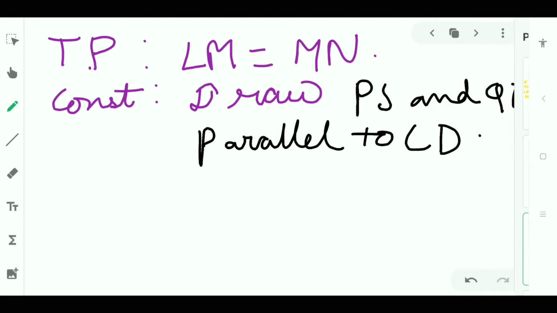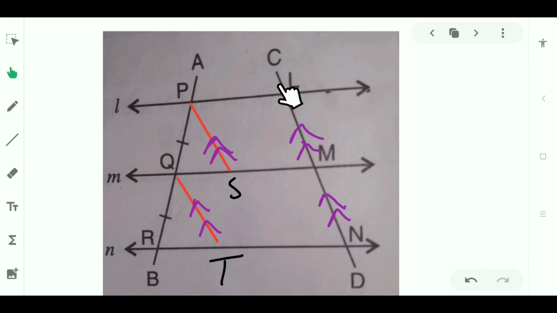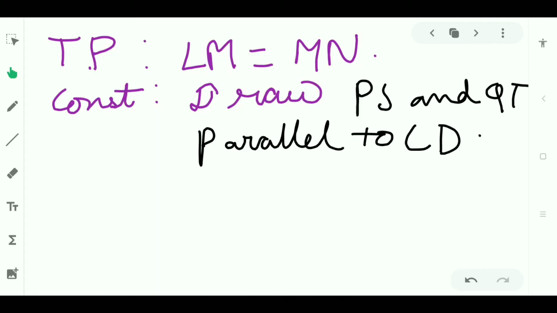I have mentioned the whole line CD over here; as these are points lying on CD, they will definitely be parallel to these two. Now just pause the video and have a look at how to solve it. I hope you have done that. Now let us see how to solve it.